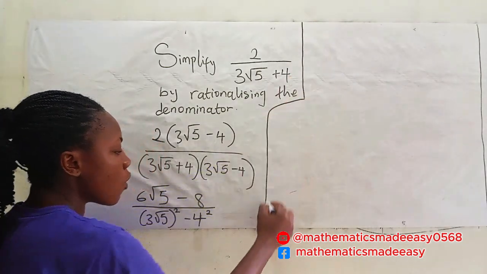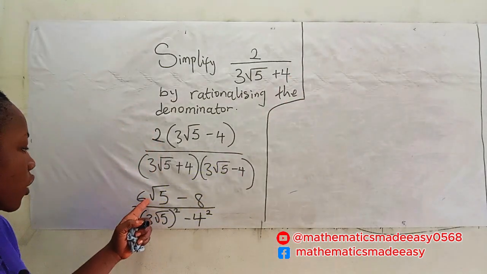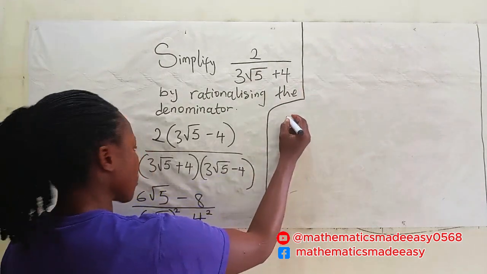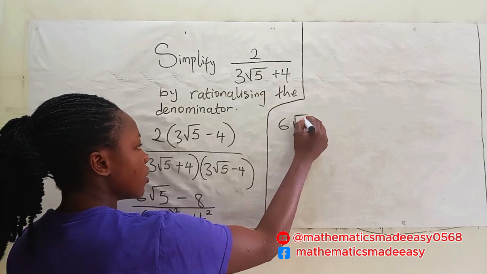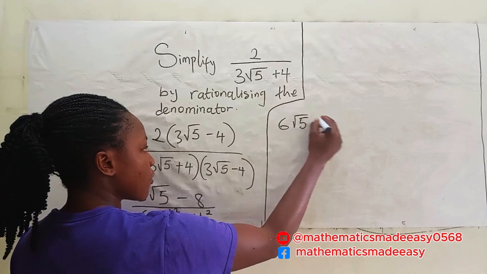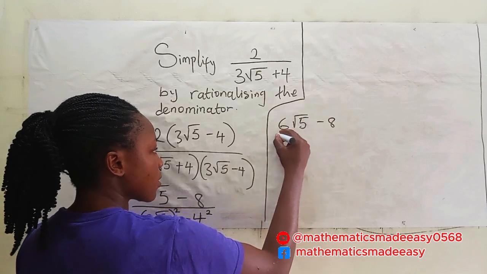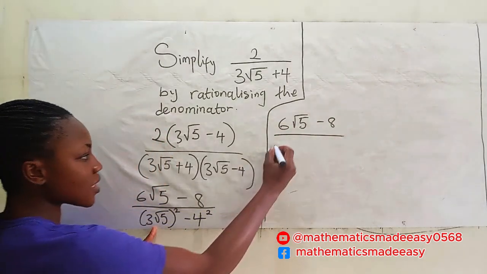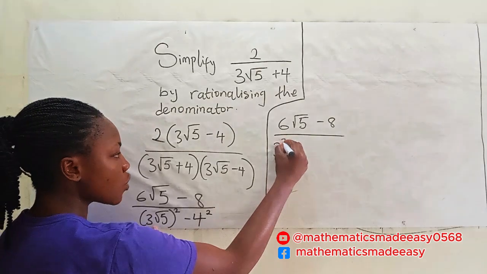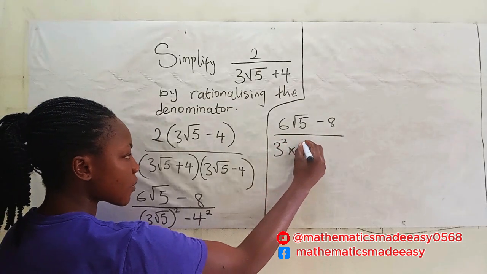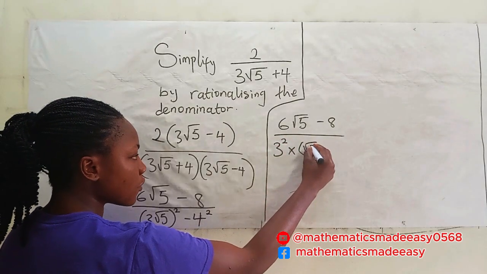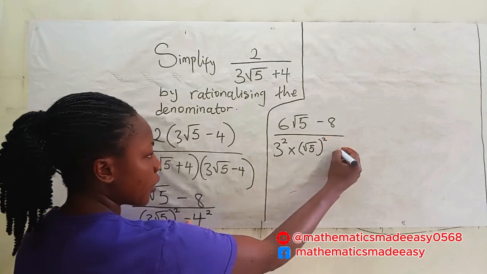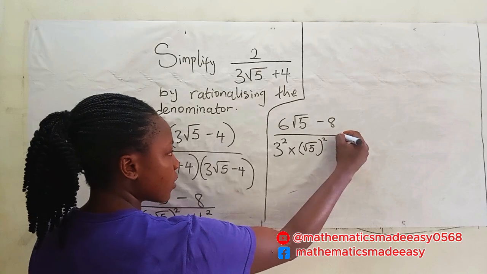Okay, so moving forward, what we have for this is 6 root 5 minus 8. Then here, what we have is simply 3 squared times root 5 squared minus 4 squared.